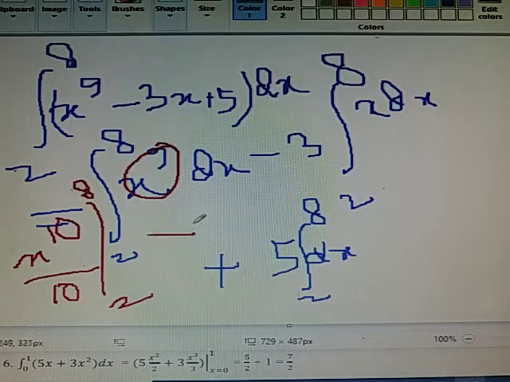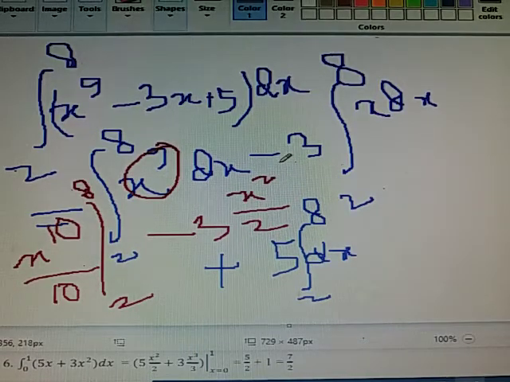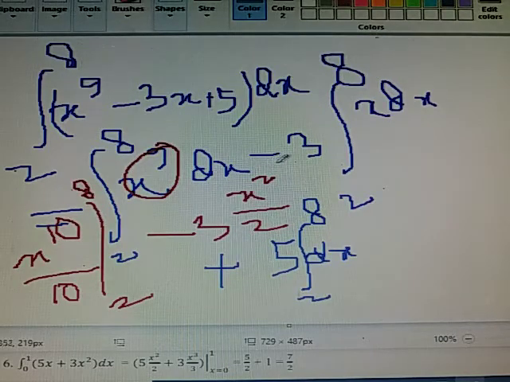Next one is minus 3 times x. The integration of x is x square by 2, by the formula that the integration of x to the power n is x to the power n plus 1 by n plus 1. And that is why x square by 2, from 2 to 8, plus 5 is here.